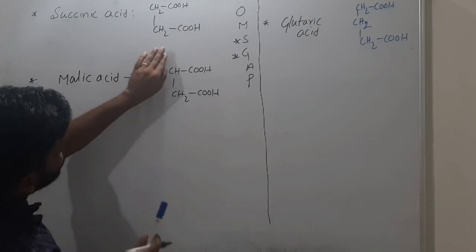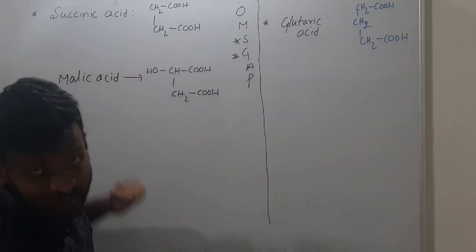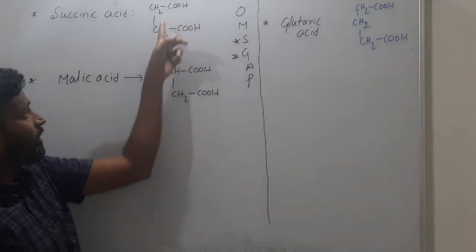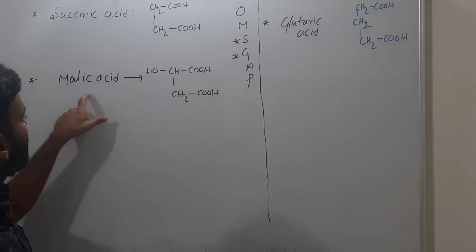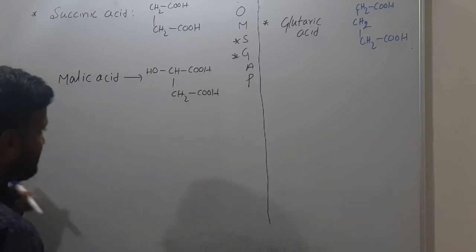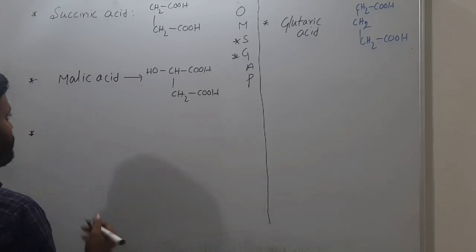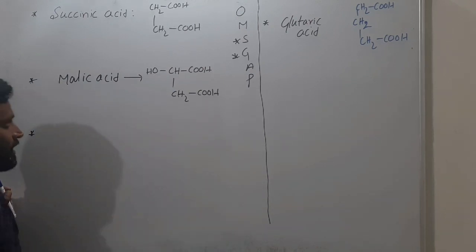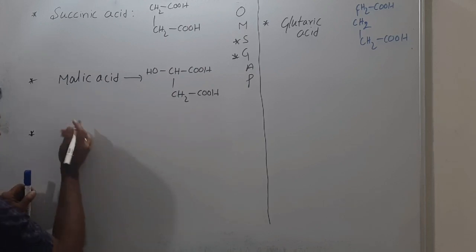If this OH group is not there and it is CH2, that is succinic acid. So if you have one OH instead of one hydrogen at this particular carbon, that is called malic acid, because they'll maybe ask you formulas for acids, and which of the following is malic acid, or by giving the acid name, like that they'll ask you.